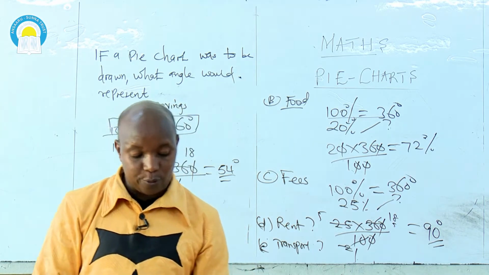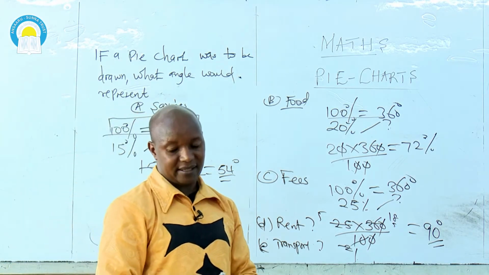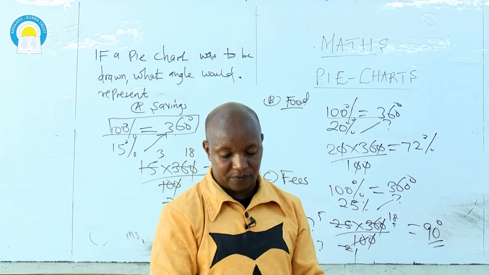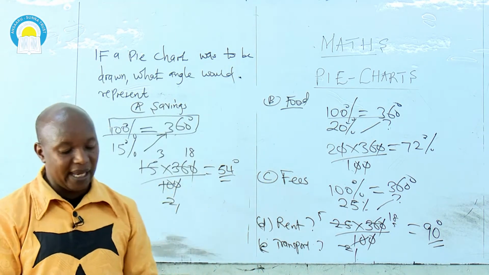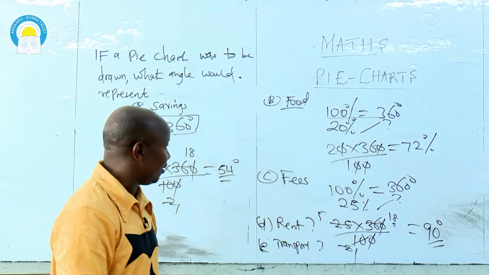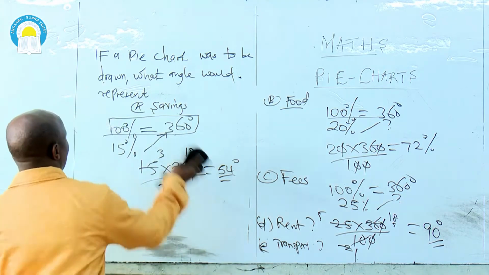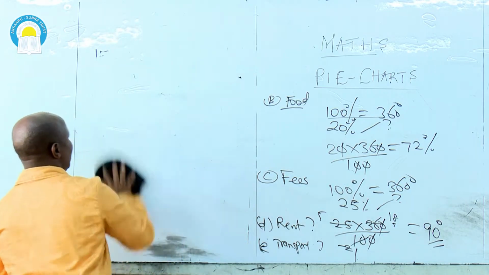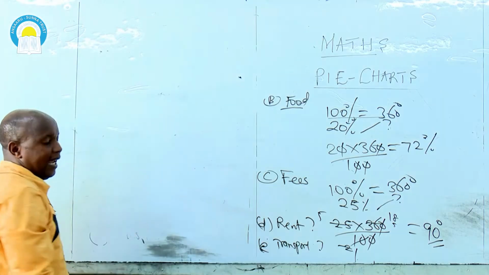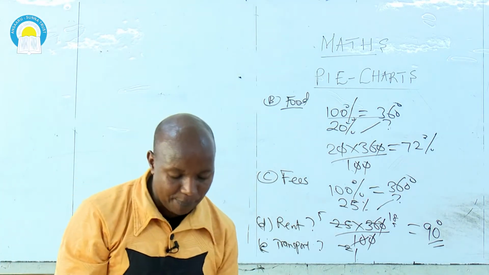Here we have a very good question on one of us during our end of term examination. Abdi obtains the following marks in our end of term examination. We want to present the scores scored by Abdi in a pie chart.